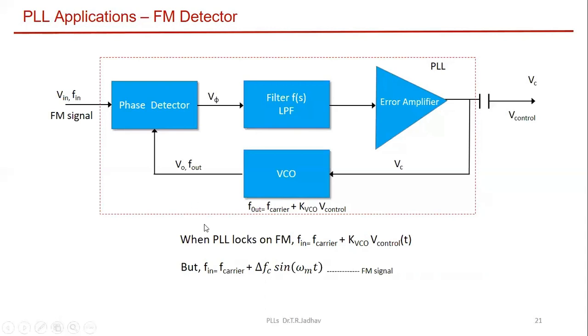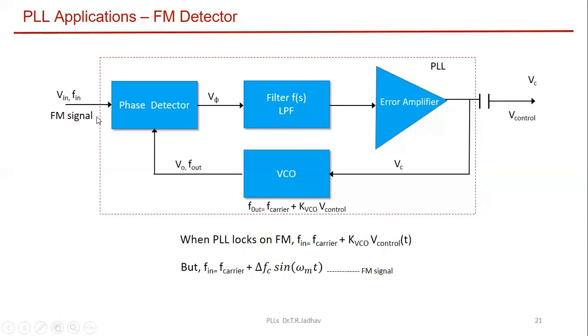So try to understand why we have written this equation like this. Now, what is this equation? This is actually F out equation, carrier plus K VCO, that is gain of the VCO, and control voltage. So this is coming out of the VCO.